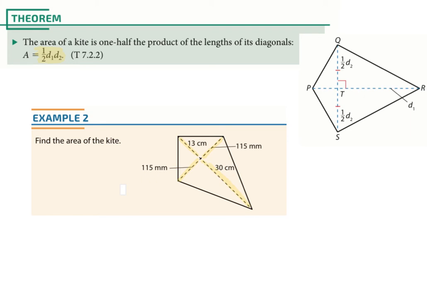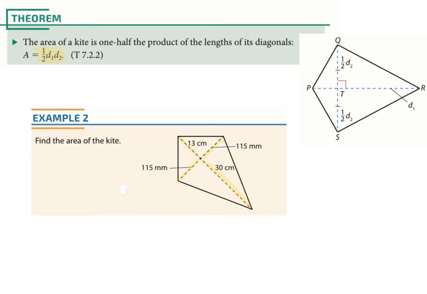The first thing you have to worry about is making sure that you have them all in the same unit. You can't have centimeters and millimeters, or inches and feet. So we have to convert from one to the other.